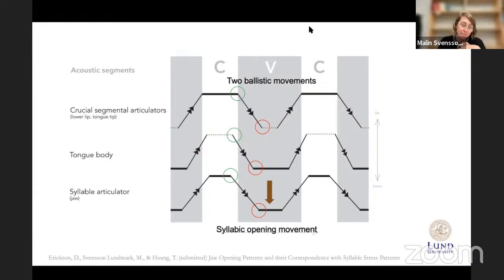If the jaw is lowered here in the middle, this means that it affects the start position of the tongue body or where the target of the tongue body is.